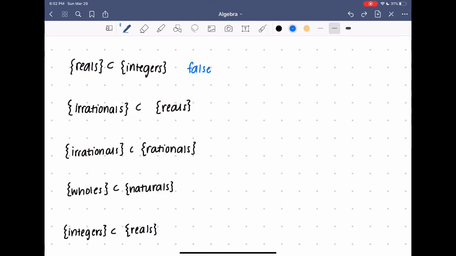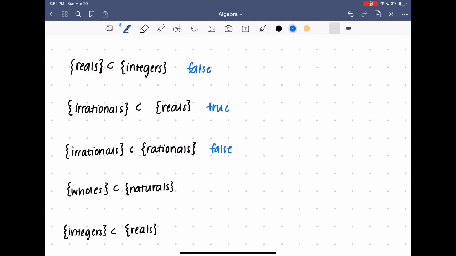Are irrational numbers a subset of real numbers? Yes, everything is a subset of real numbers, so that would be true. Are irrational numbers a subset of rational numbers? Irrational numbers are on their own. They don't go into anything else except for real numbers. A rational number includes things like fractions and decimals. An irrational number doesn't look like that. It's irrational. So that one would be false.